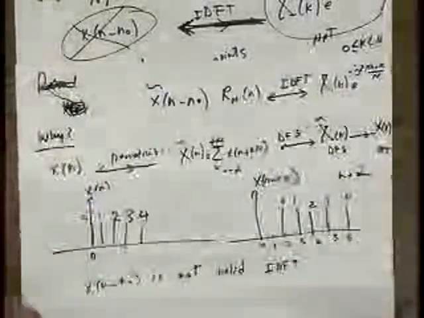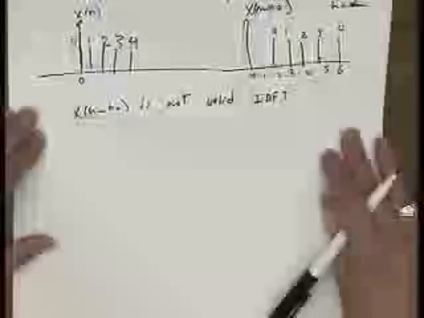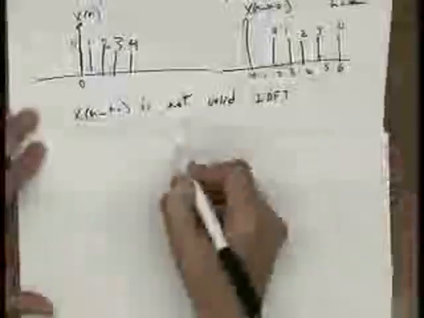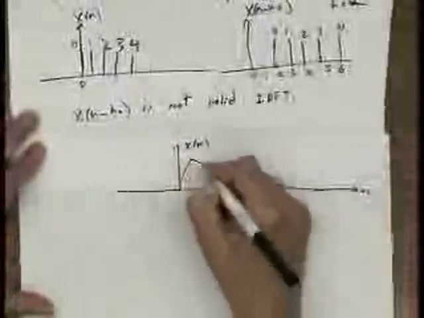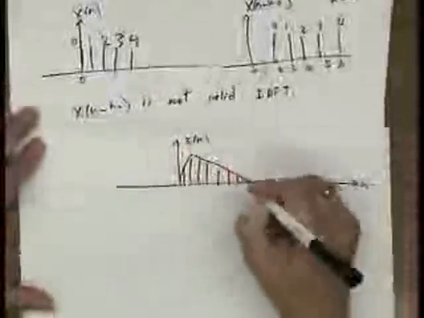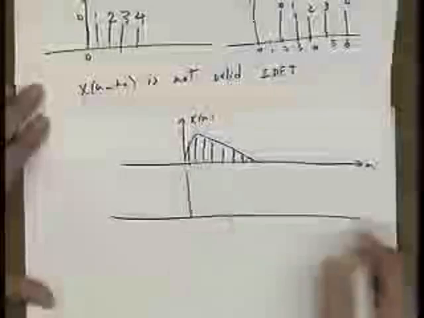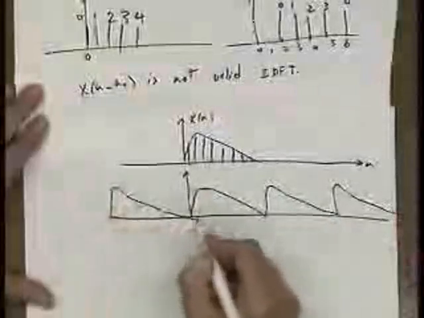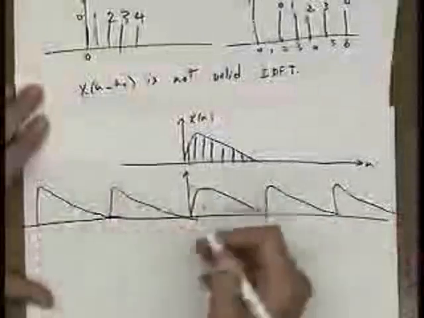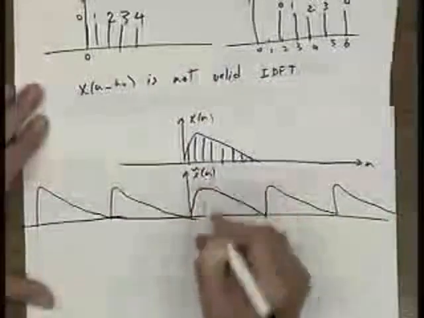If you go through this set of pictures: if x of n as a function of n looks like this, then first I make it periodic, so I get x tilde of n.